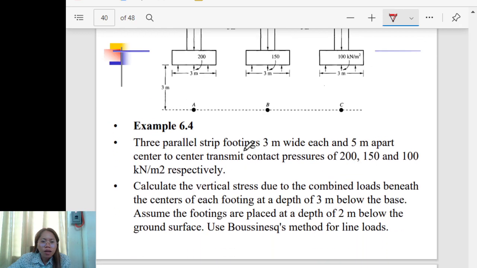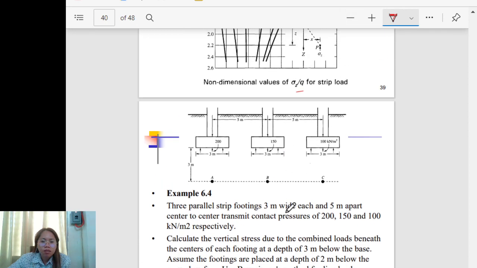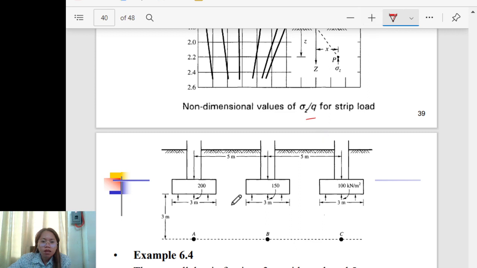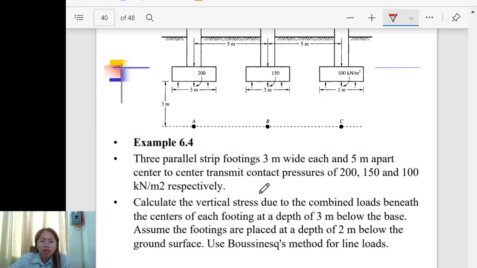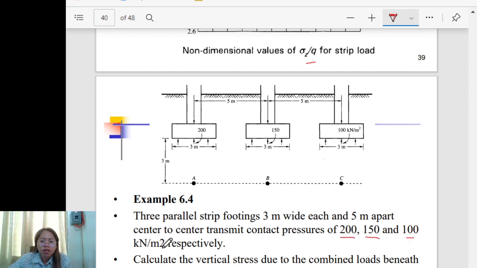Alright. We have here an example now. Three parallel strip footings, 3 meters wide each and 5 meters apart, center to center. So as you can see here, you have 3 meters wide and 5 meters apart, center to center. They transmit contact pressures of 200, 150, and 100 kilonewton per square meter respectively.